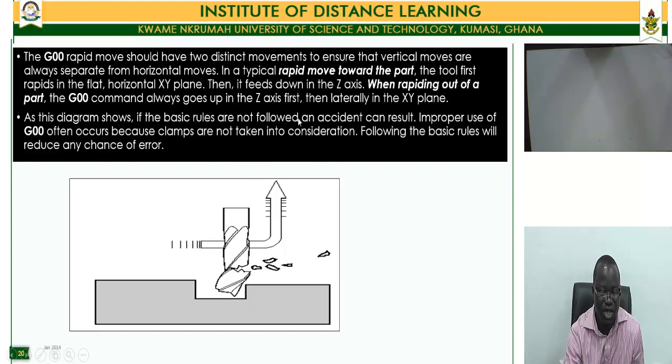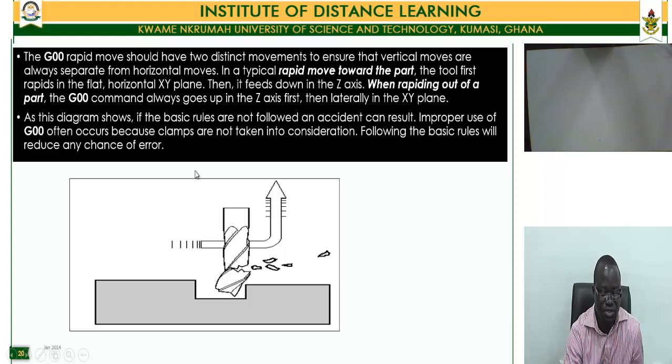So when you are rapiding towards the workpiece, you execute the XY plane movement first before you feed down to engage the workpiece. And when you are coming out of the part, the G00 command will always go up in the Z axis first, then it will move in the XY, the horizontal plane, next.